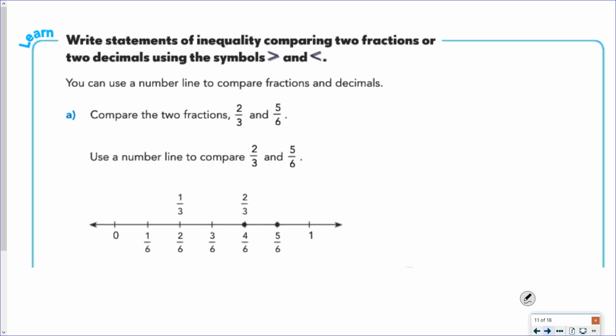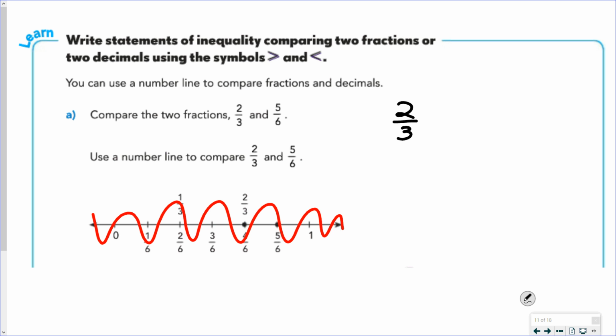So now that we're clear on symbols, we can start comparing. Now the book is going to have you compare fractions using a number line, and I believe that using a number line would not be as efficient. So in order to compare two fractions, you must have a common denominator.